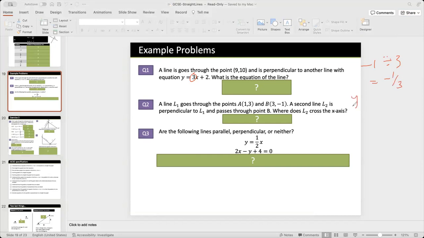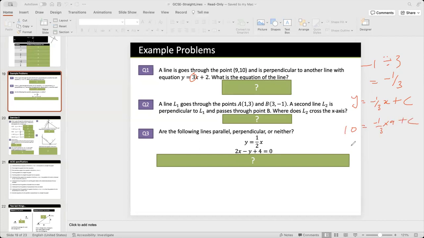So it's going to be y equals minus 1/3 x plus c. And it passes through (9, 10), so y is 10 and x is 9. 10 equals minus 1/3 times 9 plus c.